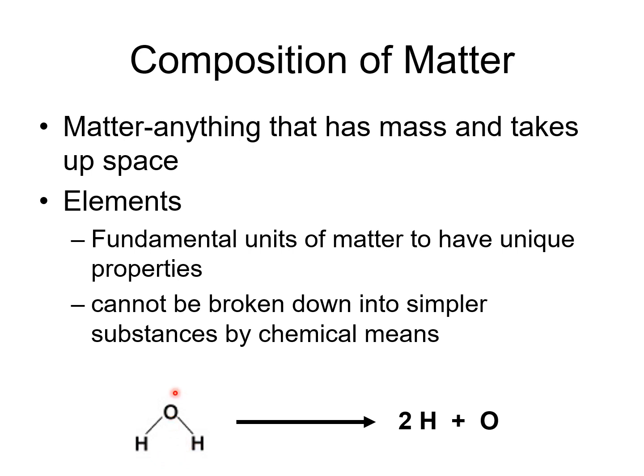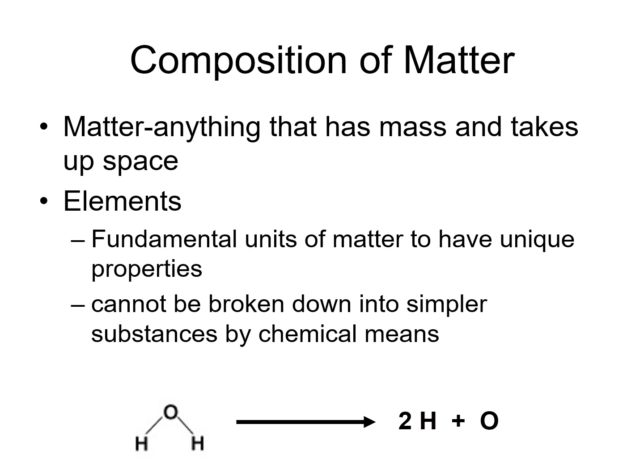So we have the element oxygen and the element hydrogen that make up water. We can break these bonds between the hydrogen and oxygen to yield individual hydrogen atoms and oxygen atoms. But we could not further break down oxygen or hydrogen chemically.